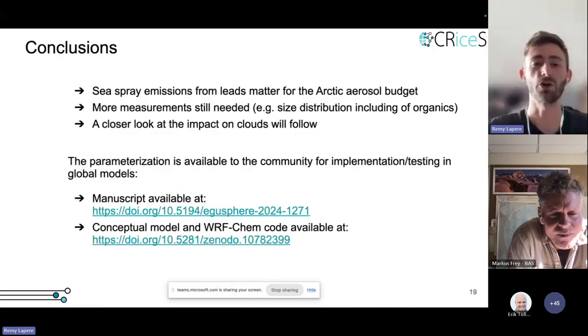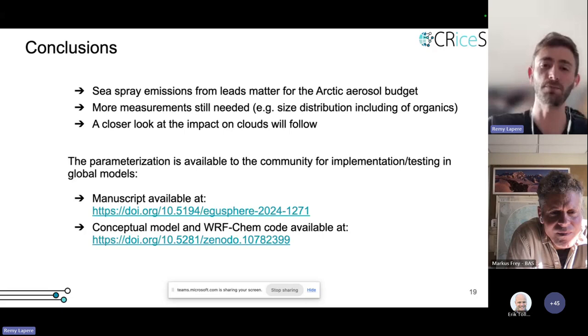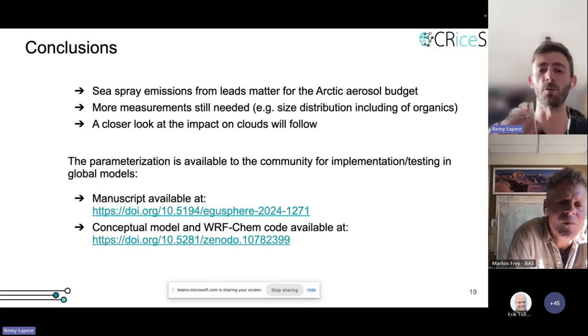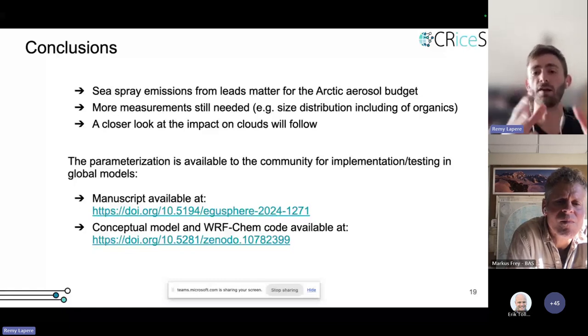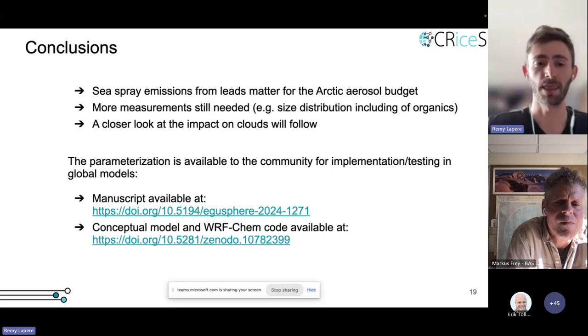So in conclusion to this part, sea spray emissions from leads do matter for Arctic aerosols. But to get a better look at the climate impacts on clouds especially, I think us modelers would need some more measurements, especially size resolved fluxes of emissions from leads, and not only of sea salt, but also of organics, which can have an influence on the cloud phase and so change the influence on the radiative budget.